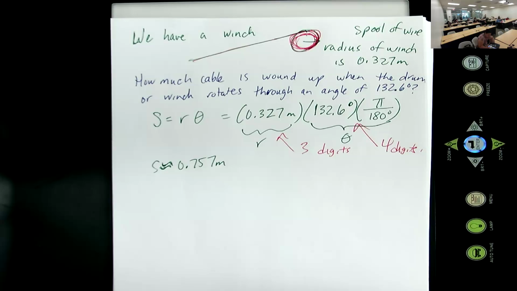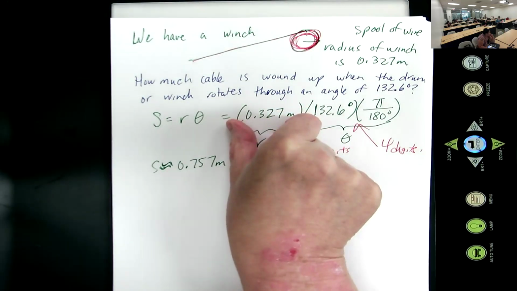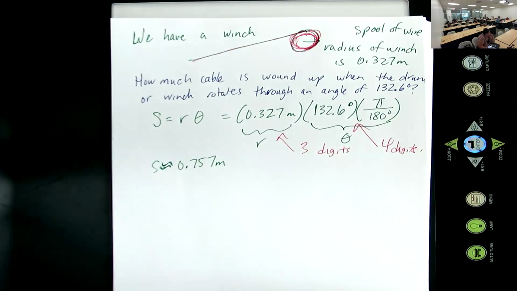What about the 180? Well, the 180 is part of the conversion, so it's not part of the given data. You want to go off things that have been measured, and we measured this. There's no way they had 0.327 without some form of measurement. Same thing with 132.6 degrees. I don't even know that I could estimate 130 very well. I can do the 60, 45 and 30 kind of thing.